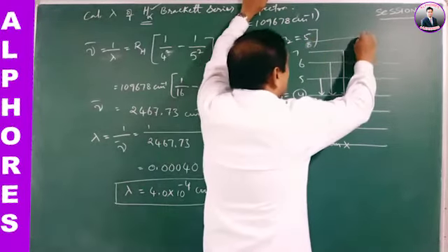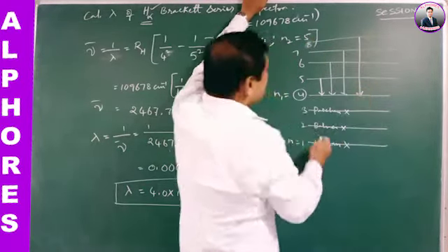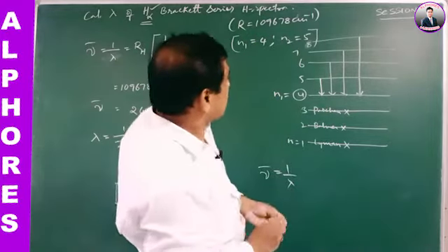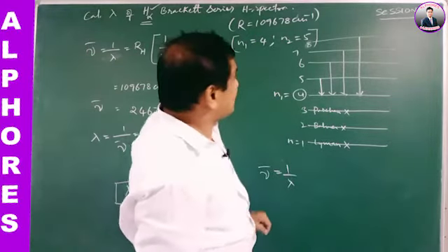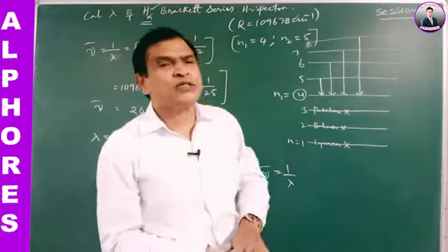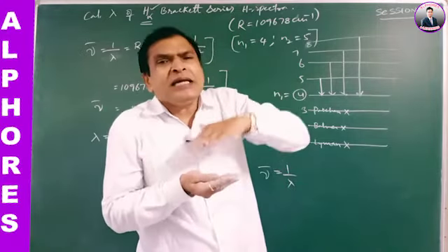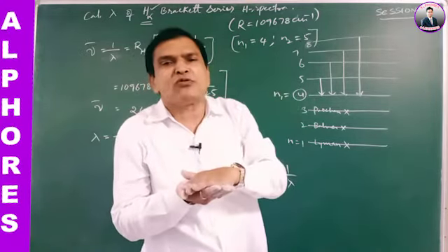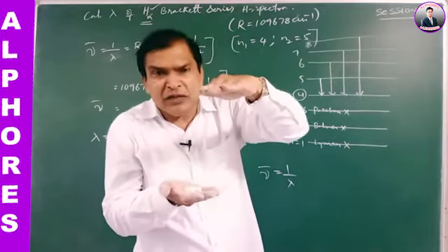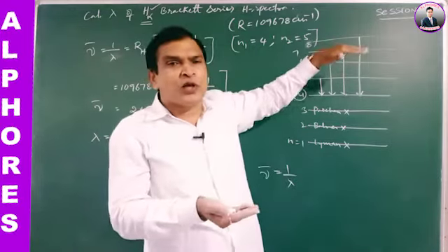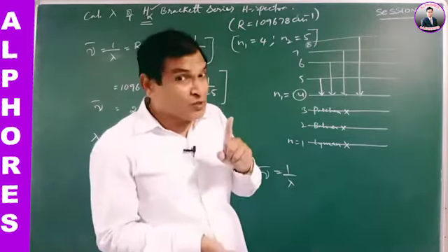These are the spectral lines we have. So what is the first line? The electron drops from the very next higher energy level to that ground state, that is 5th orbit to 4th orbit. That is called the first line.